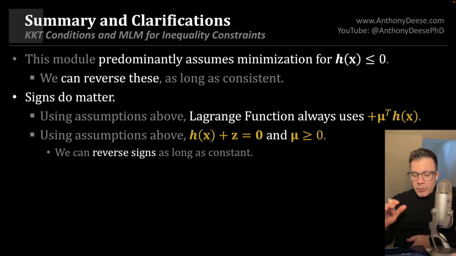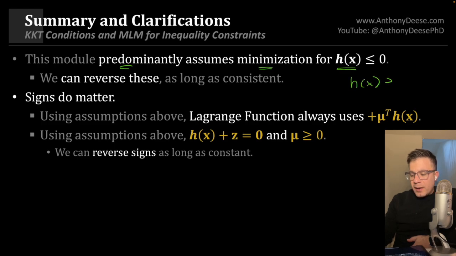So back to our PowerPoints, a couple of clarifications I wanted to make here before we end this module. So I think I said this before, but this module predominantly assumes that we're dealing with minimization, right? You can formulate these problems in terms of maximization, but to keep things simpler, we're just dealing with minimization, at least for now. And we're also assuming that h of x is less than or equal to 0, right?